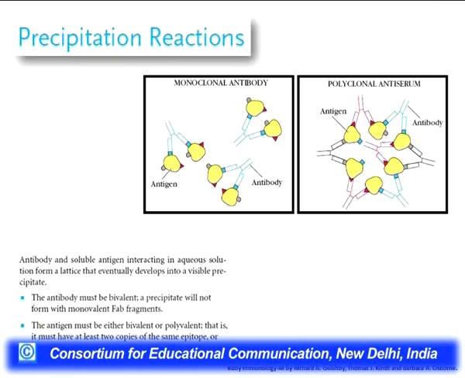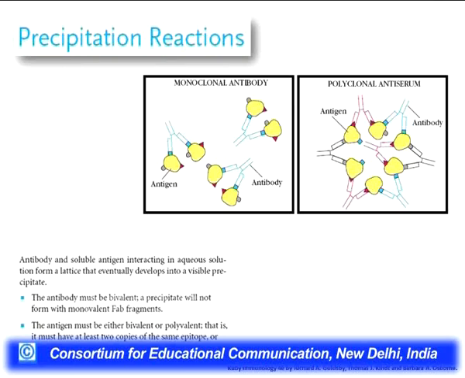There are a number of factors on which these precipitation reactions are based. The first major factor is that the antibody has to be bivalent or multivalent, which means that polyclonal antibodies have to be present, meaning antibodies against different epitopes have to be present in that particular serum.